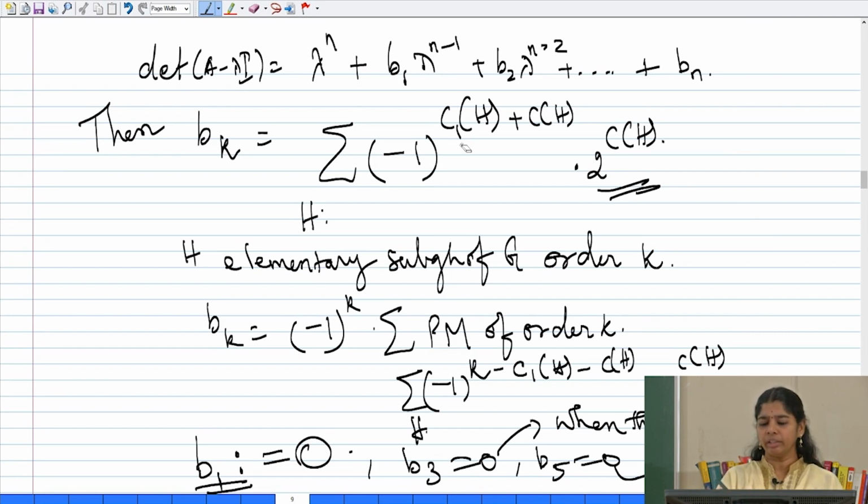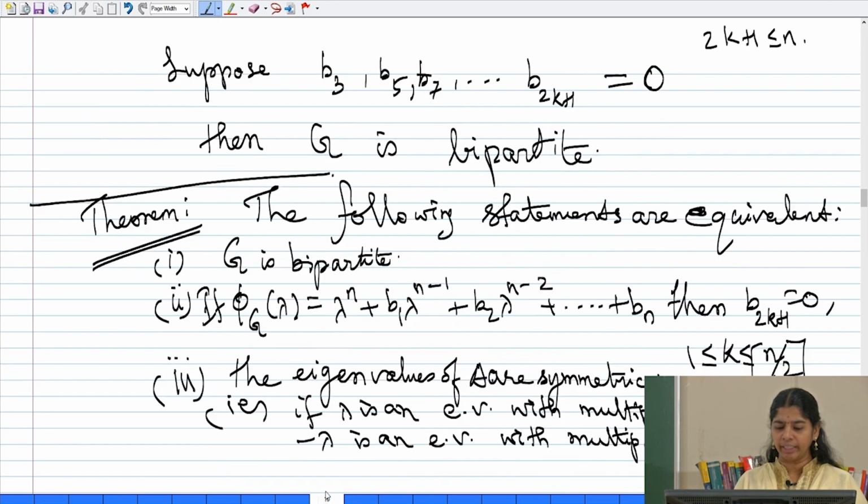So the only thing we will have is this 2 power c(H) coming into the picture. This was the case where we saw that if an odd cycle does not exist, then the coefficient is 0.